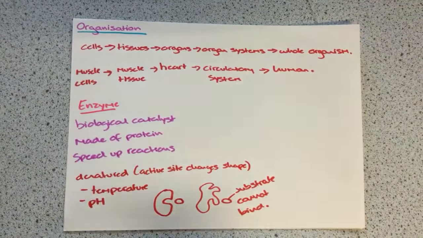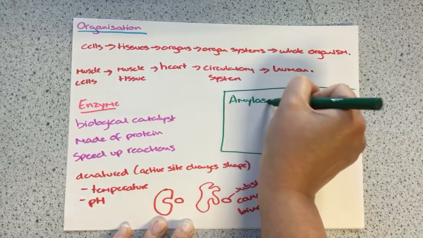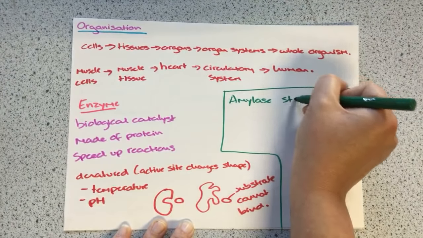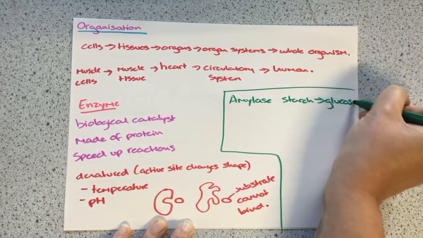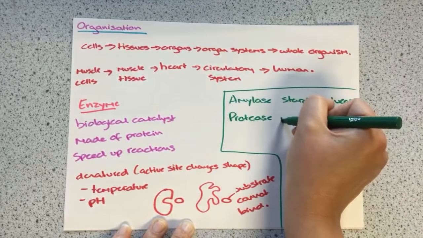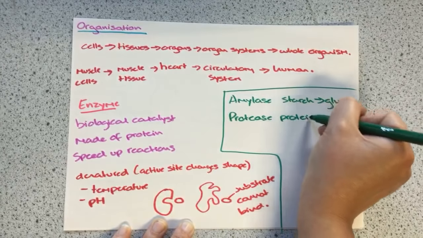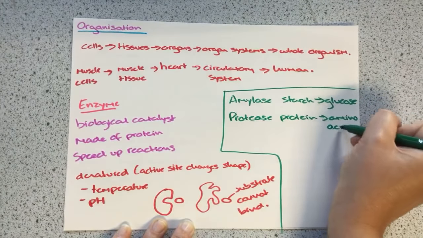So just section this off a little bit here. The main ones: amylase breaks down starch to glucose. Protease breaks down protein to amino acids.